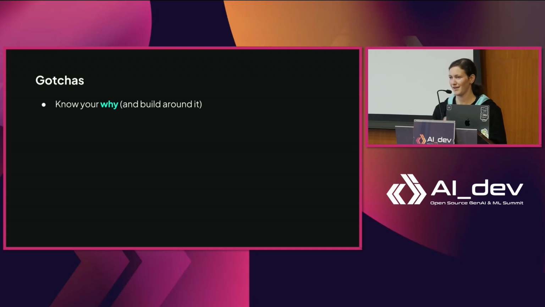Some gotchas that we got along the way before building this and getting to a point where it's really used in hundreds of different instances a day. First of all, you have to know why you build this.